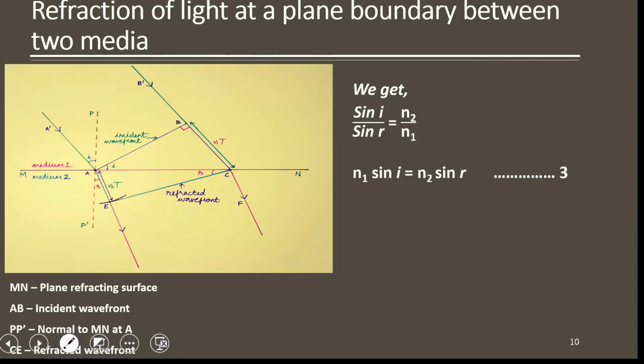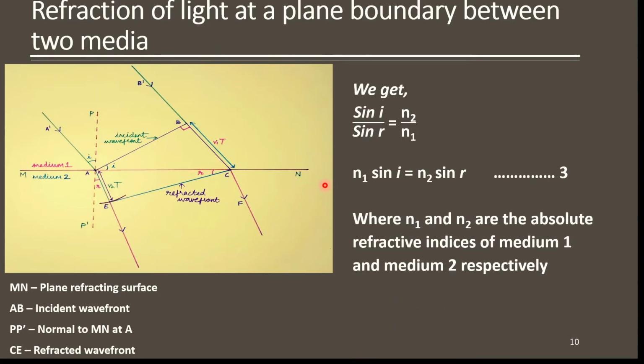This is the law of refraction, where n1 and n2 are the absolute refractive indices of medium 1 and medium 2 respectively. n1 sin i equal to n2 sin r is Snell's law.